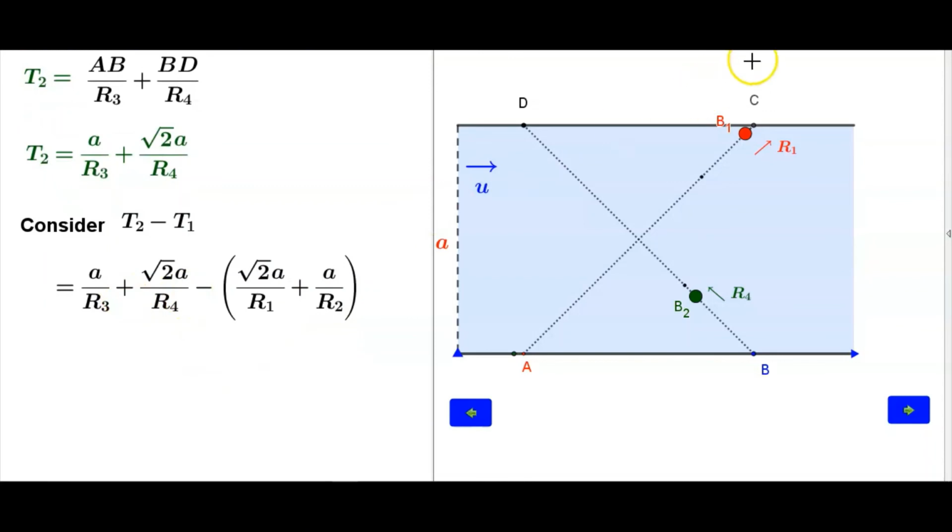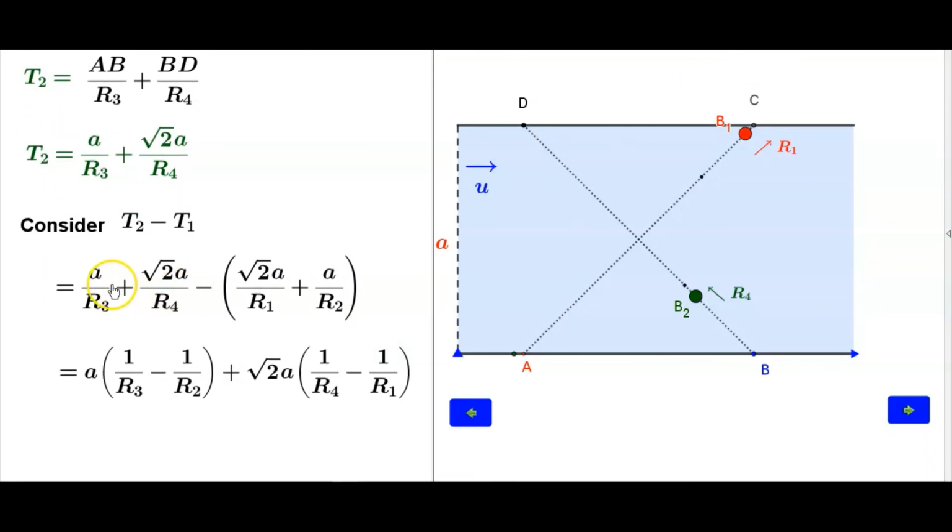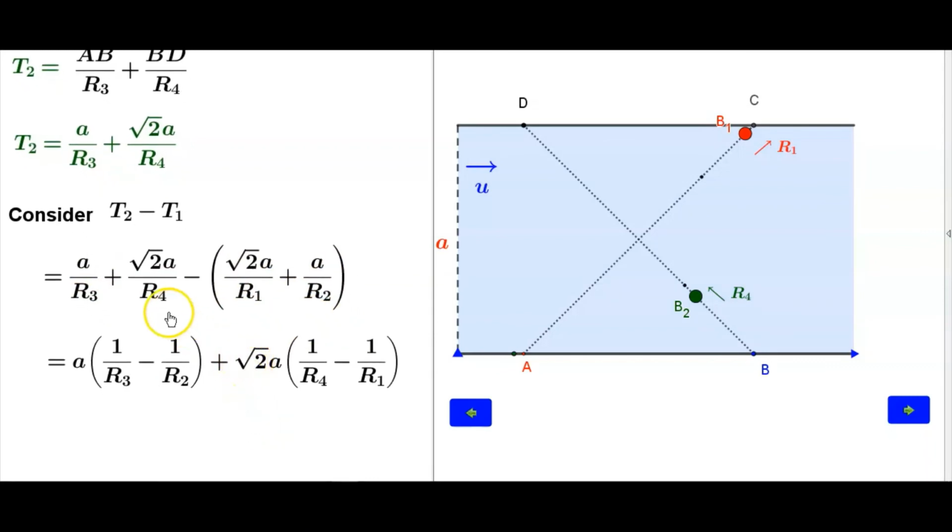When we simplify, A is the common factor out of the bracket: A into 1 over R3 minus 1 over R2 plus root 2A into 1 over R4 minus 1 over R1.